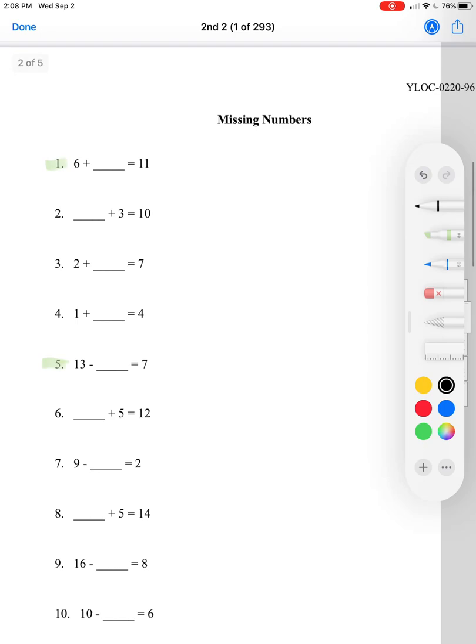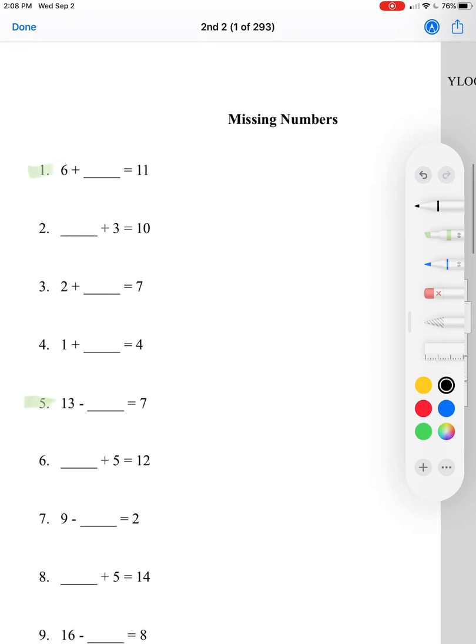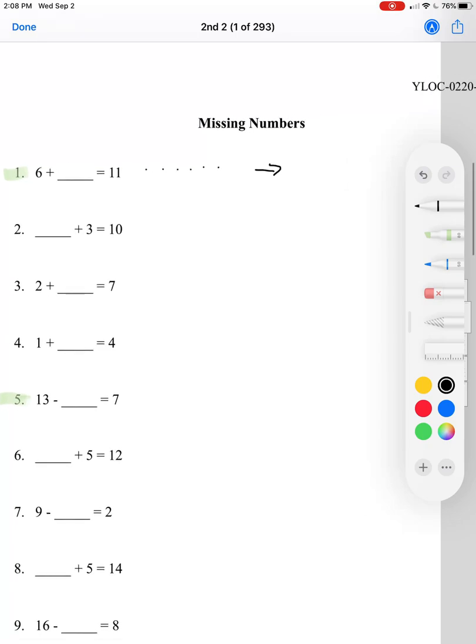Now we're going to be doing missing numbers. Our first question is 6 plus blank equals 11. So what this question is saying is that we're starting with 6, and we're adding an unknown quantity. We don't know how much we're adding. That's the blank. And we're going to end up with 11. So there's this blank, which is how much we're going to add to get to 11.